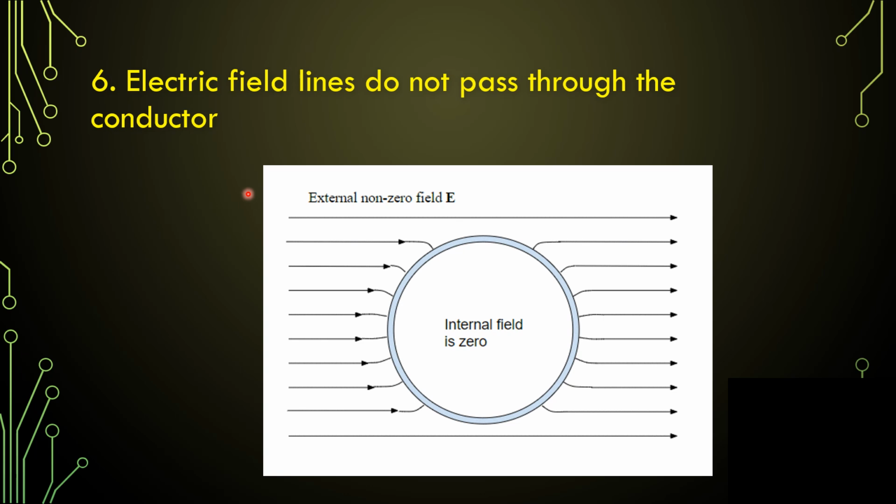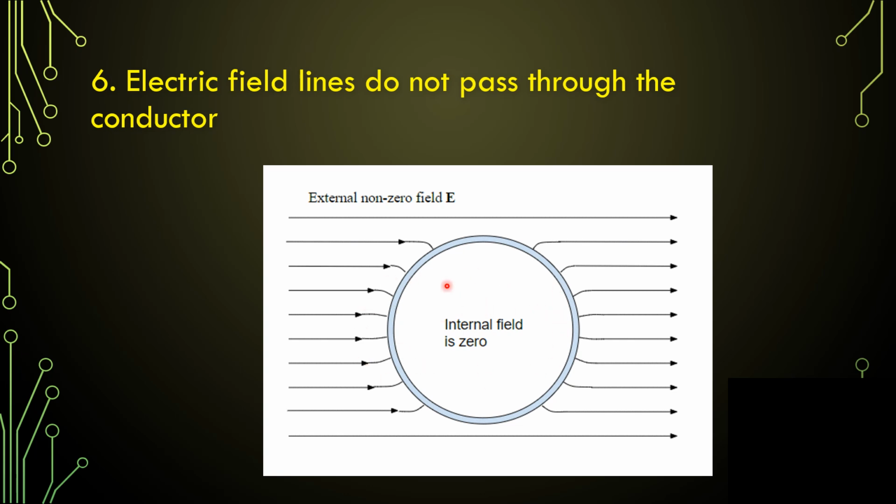Now, the next property is electric field lines do not pass through the conductor. That is because we know that electric field lines are always perpendicular to the surface. Inside this conductor, charge is zero, right? There is no charge inside the conductor, and hence there is no electric field inside the conductor.